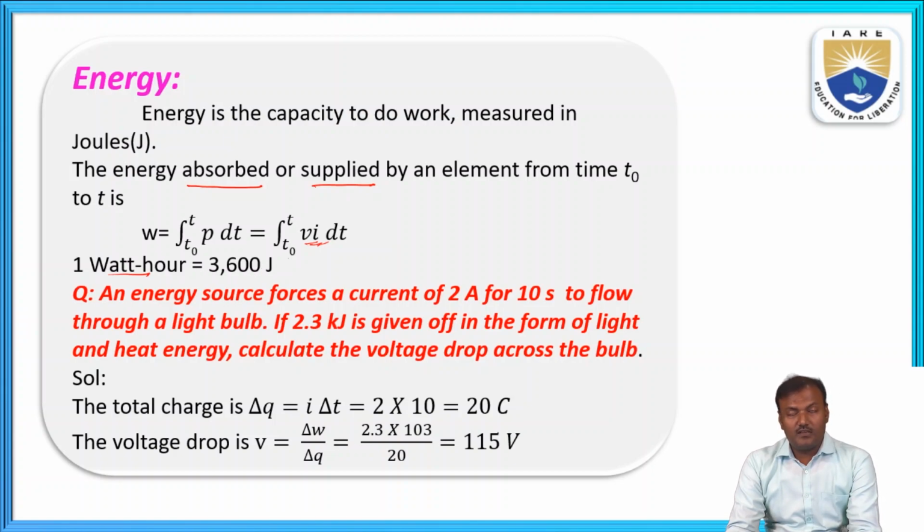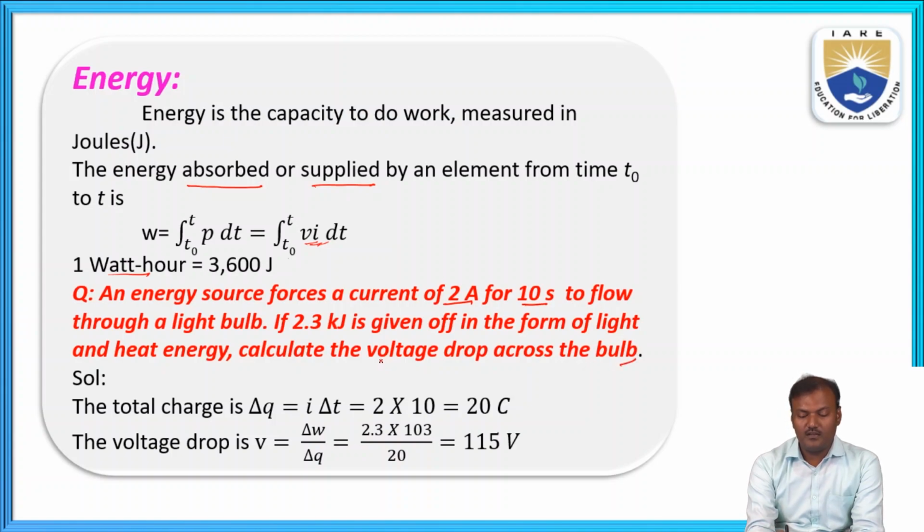So coming to a simple problem: an energy source forces a current of 2 amps for 10 seconds to flow through a light bulb. If 2.3 kilojoules is given off in the form of light and heat energy, calculate the voltage drop across the bulb.